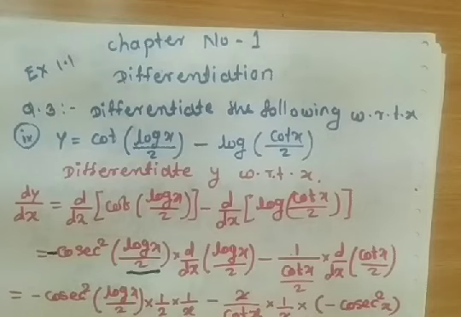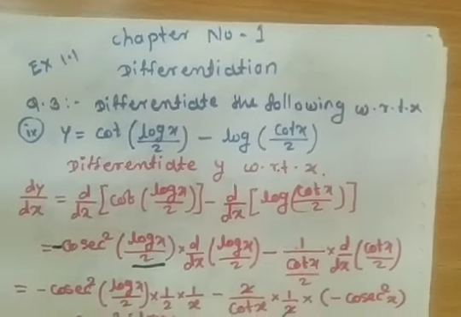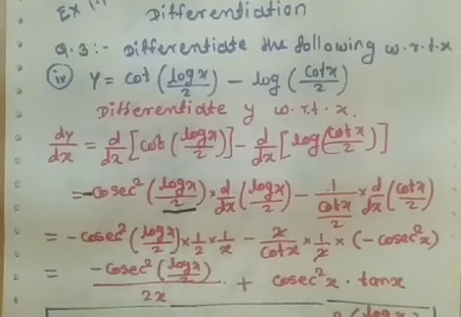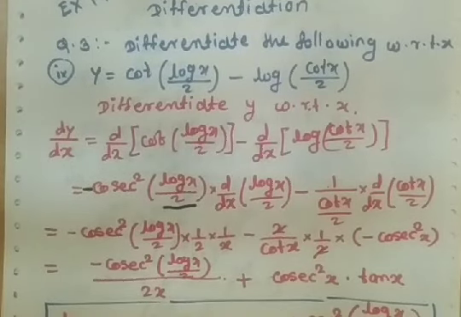This 2 and this 2 get cancelled. 1 upon cot means tan of x. The final answer becomes dy by dx is equal to cosec square of x into tan x minus cosec square of log of x by 2 divided by 2x. This is the final answer of the 9th question.